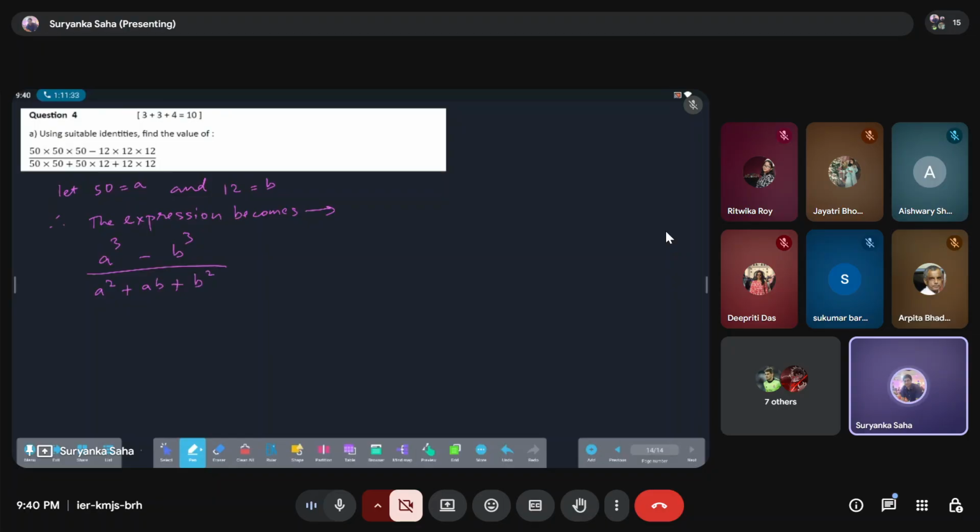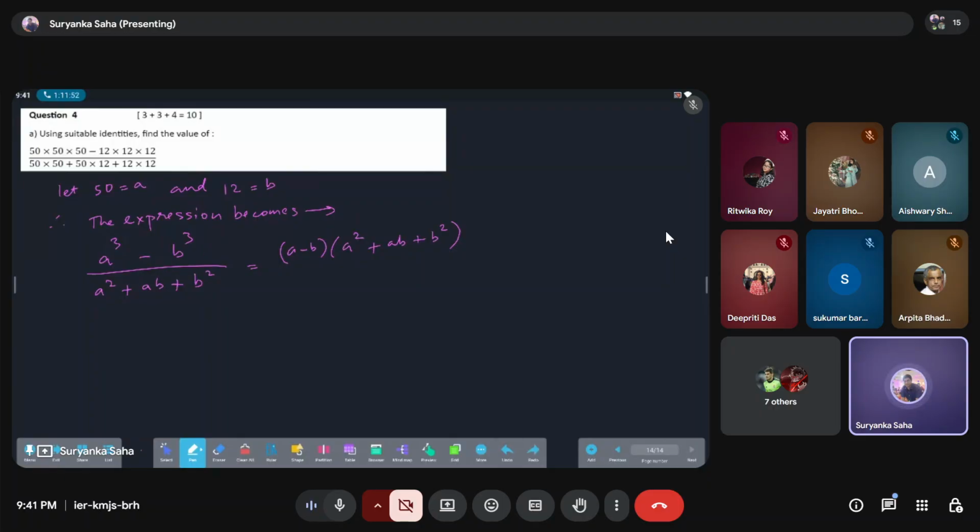Clear? B is 12. So I can write over here A cube minus B cube is (A minus B) into (A square plus AB plus B square). This is the formula of A cube minus B cube.